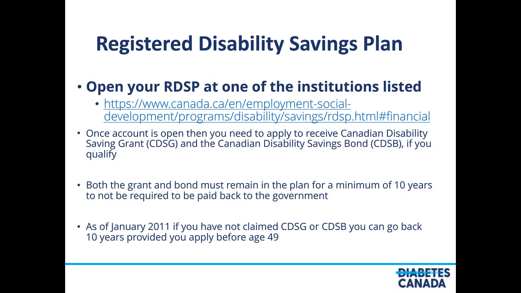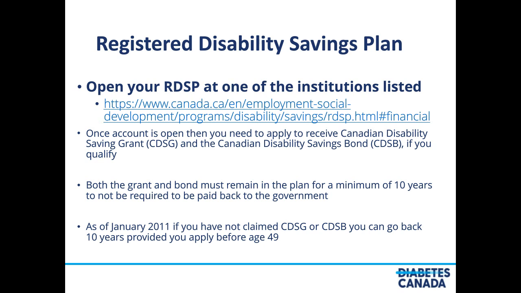So, opening up a registered disability savings plan. The key issue here is that not all financial institutions, so not all the banks, are offering RDSPs. So please go to the website that I've indicated as to which banks are offering RDSPs.